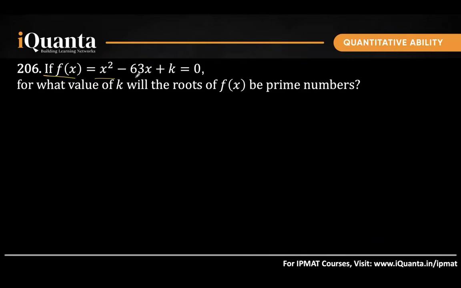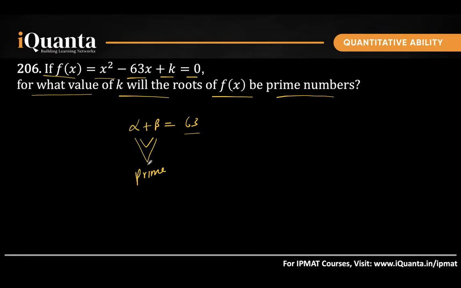If f(x) equal to x square minus 63x plus k equal to 0, for what value of k will the roots of f(x) be prime numbers? We are talking about roots. It's a quadratic equation. If alpha, beta are the roots, the sum will be minus b upon a. So 63. There are two roots and we want their sum to be odd, right? And both of them, alpha, beta, have to be prime numbers.